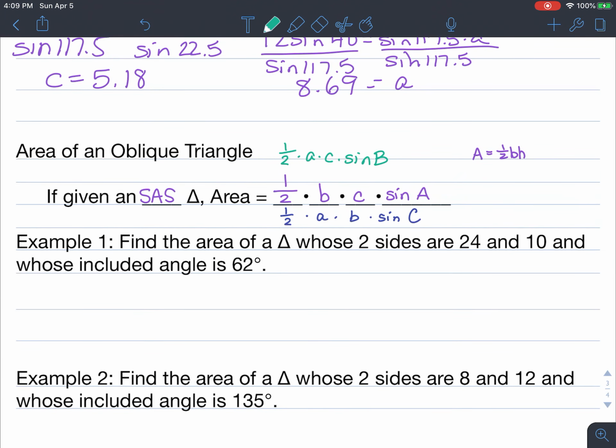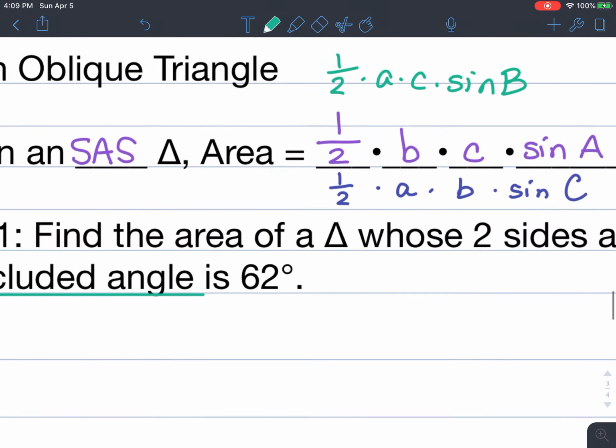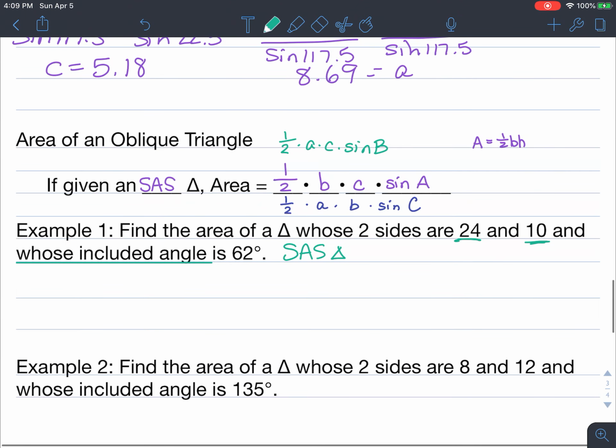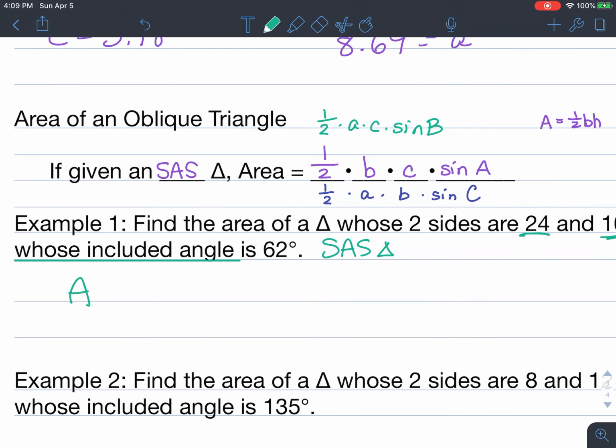Okay, so find the area of a triangle whose two sides are 24 and 10, and whose included angle is 62. So by saying whose included angle, they're telling you that it's SAS, even though they didn't give you a picture. So, you got everything you need here.